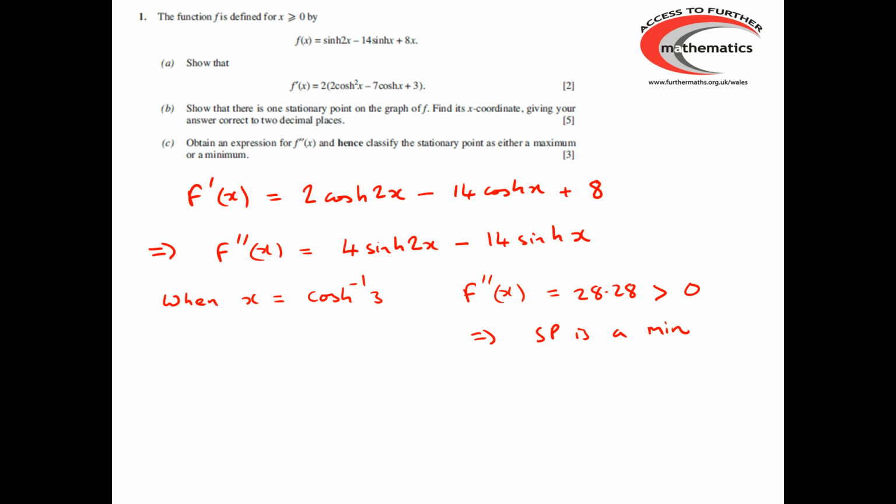And then we needed to convincingly come to the fact that there was only one stationary point, and that that stationary point was x equals 1.76 to gain the last 2 marks for part B.